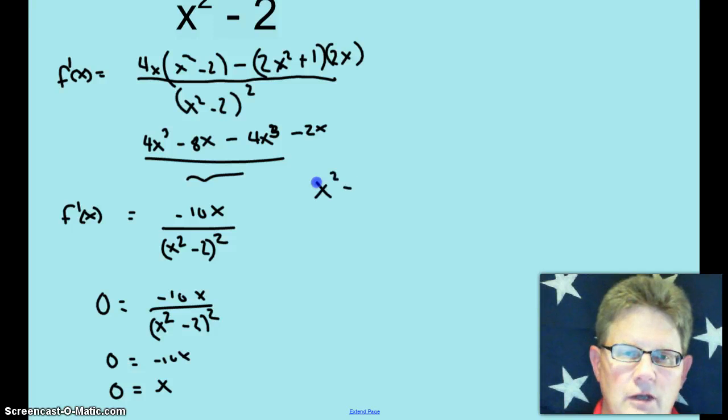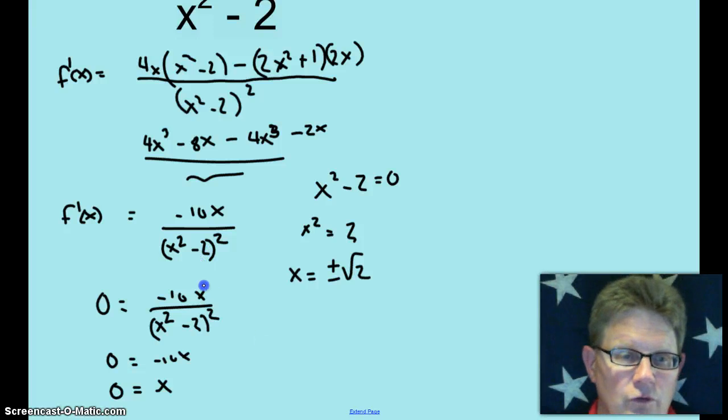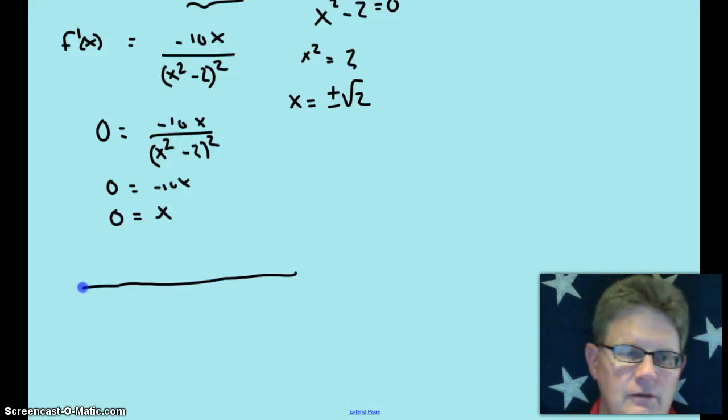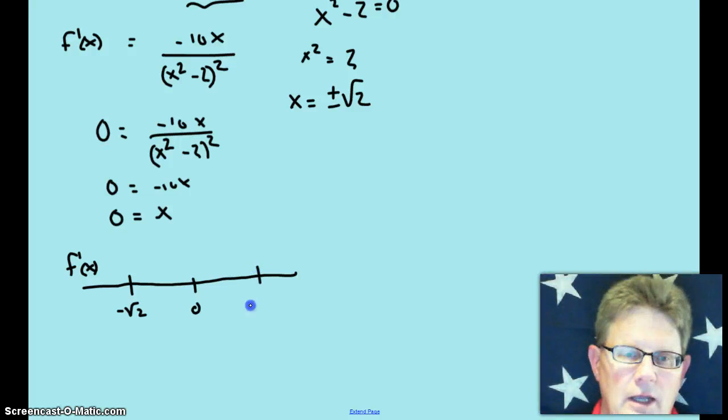Wherever x squared minus 2 equals 0, x squared equals 2, x equals plus or minus the square root of 2. Those are also critical values because that's where f prime is undefined. So now we're ready to set up our first derivative test. F prime of x. We've got negative root 2. We've got 0. And we have root 2.